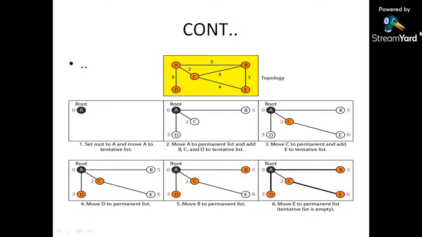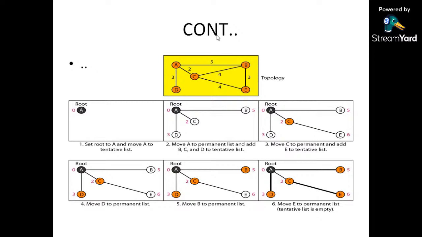In that diagram, we see a topology in which A, B, C, D are nodes. So we start with the root A. Set root A and move it to the tentative list.